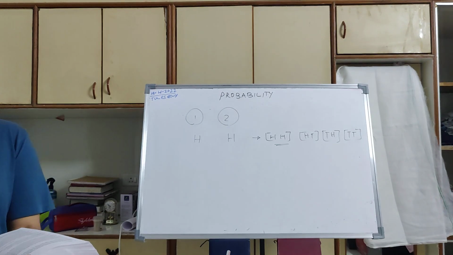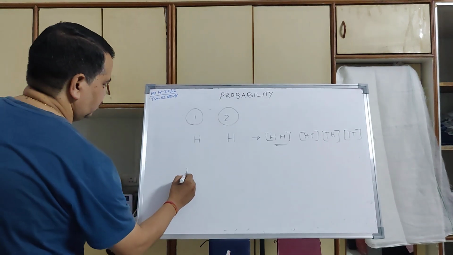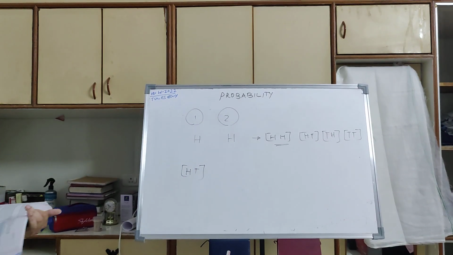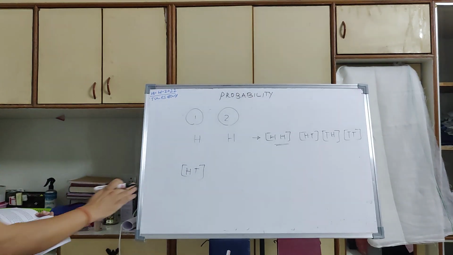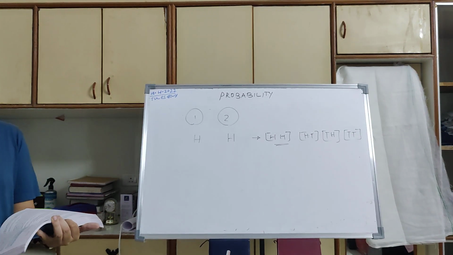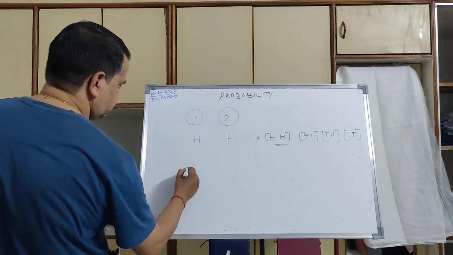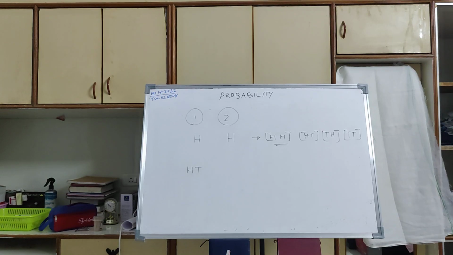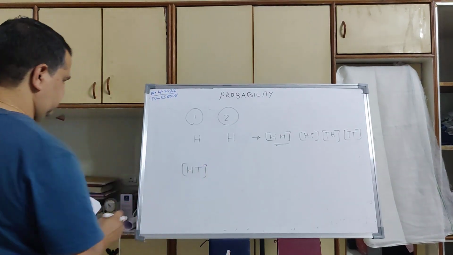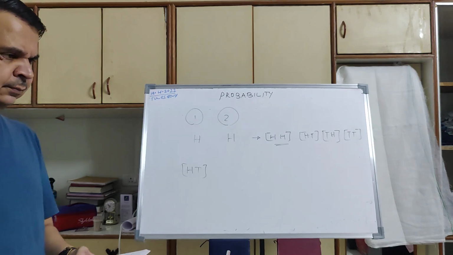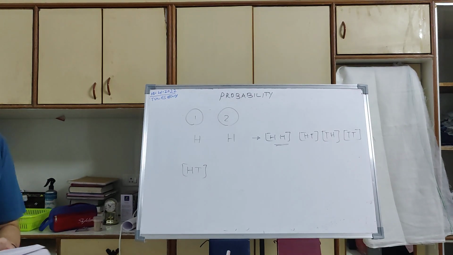Earlier, when we were tossing one coin, the outcome was a sample point, head. Now if you toss one coin twice, the first can be head, the second can be tail: head tail, tail head and so on.